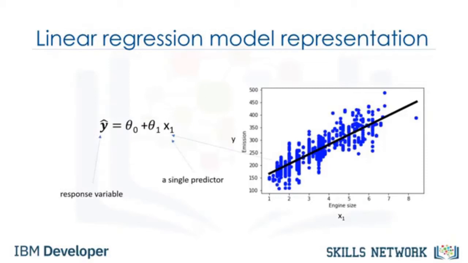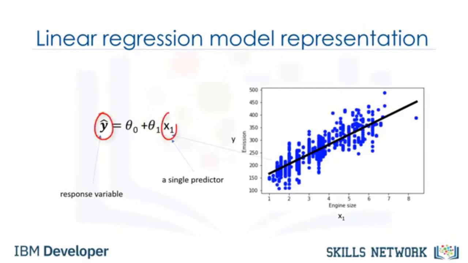Theta 0 and theta 1 are the parameters of the line that we must adjust. Theta 1 is known as the slope or gradient of the fitting line and theta 0 is known as the intercept. Theta 0 and theta 1 are also called the coefficients of the linear equation. You can interpret this equation as y hat being a function of x1 or y hat being dependent on x1.